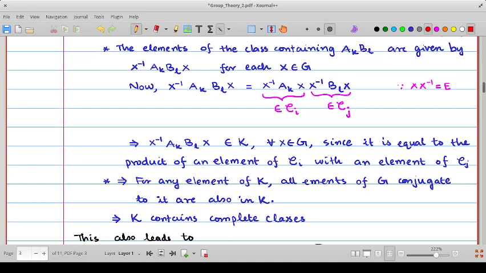So now we have proven that any element that is conjugate to AKBL, which could be an arbitrary element of the class product K, is also an element of the class product K. So that means all elements conjugate to any given element here should be there in the product itself. Or in other words, K contains complete classes.